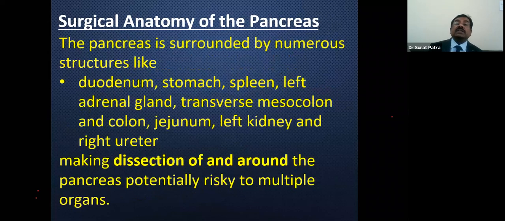The pancreas is surrounded by numerous structures like duodenum, stomach, spleen, left adrenal gland, transverse mesocolon, colon, jejunum, left kidney, and right ureter. This relation makes dissection of the pancreas and around the pancreas potentially risky to multiple organs.